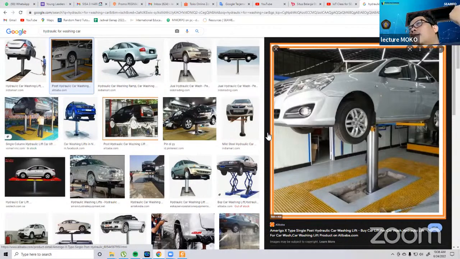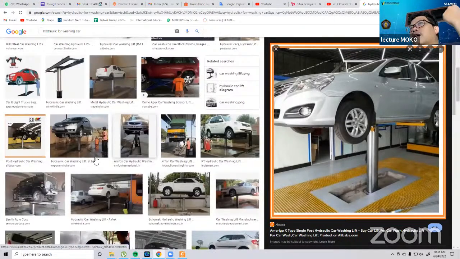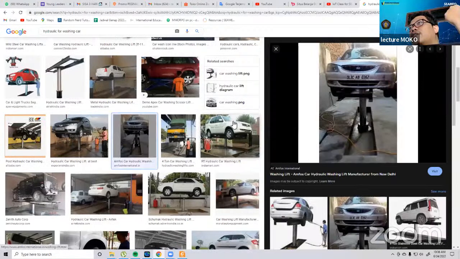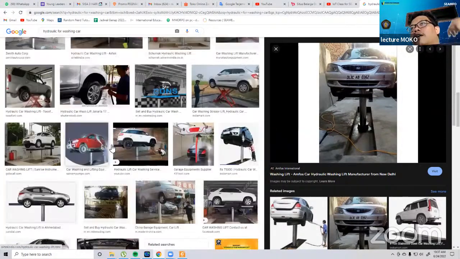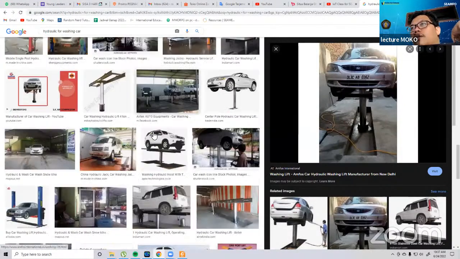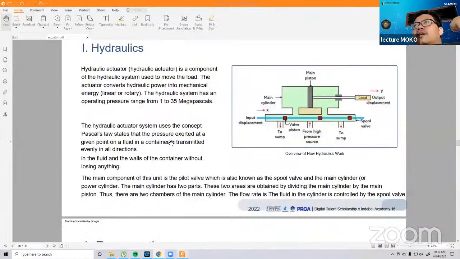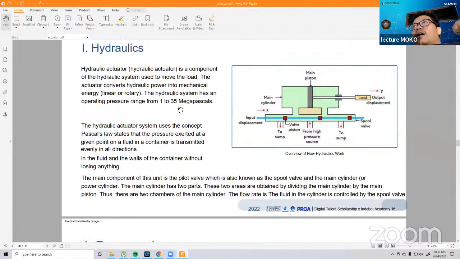It has bigger power, bigger energy than a pneumatic system. So it's normally used for heavy mechanisms, for lifting cars, for lifting many types of big things. If you use hydraulic, it has an operating pressure range from 1 to 35 megapascal. It's a very high torque, high power.